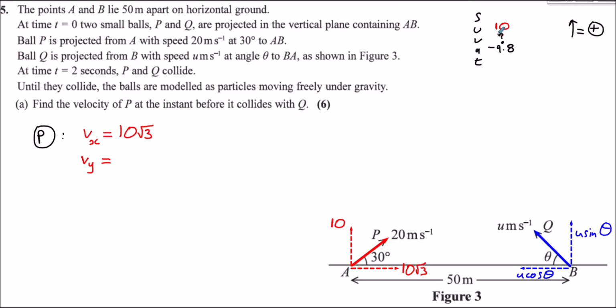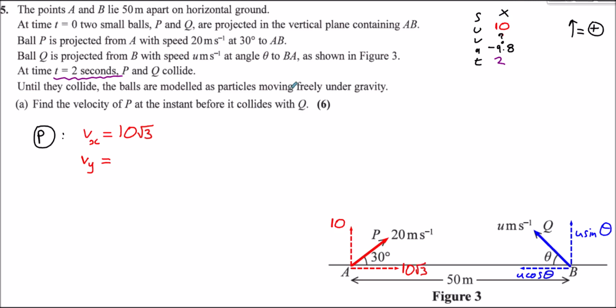And I know that the time is going to be 2 seconds. It says the velocity of p at the instant before it collides with q, so think of it as 2 minus a trillionth of a second if you really want to. So it still stays as 2 seconds. S, I don't care.